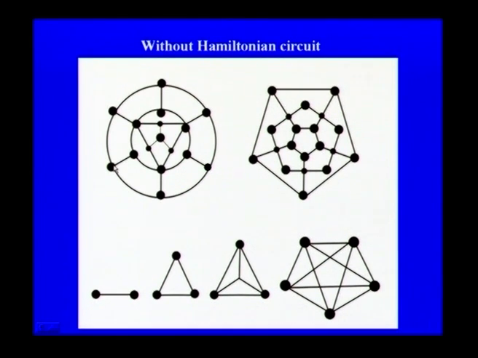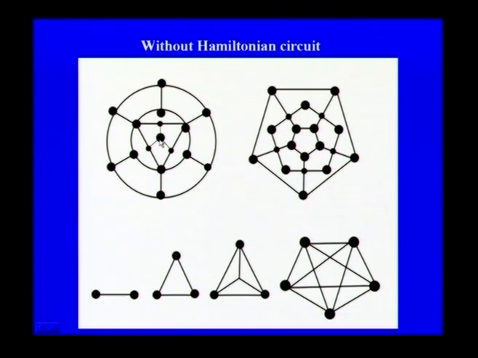So, totally 9 plus 4, 13 edges you have to leave out in this Hamiltonian circuit, and how many vertices and edges are there? You can see that there are 6 plus 6 plus 4, 16 vertices. So, the Hamiltonian circuit should have 16 edges, then only it will be a Hamiltonian circuit.